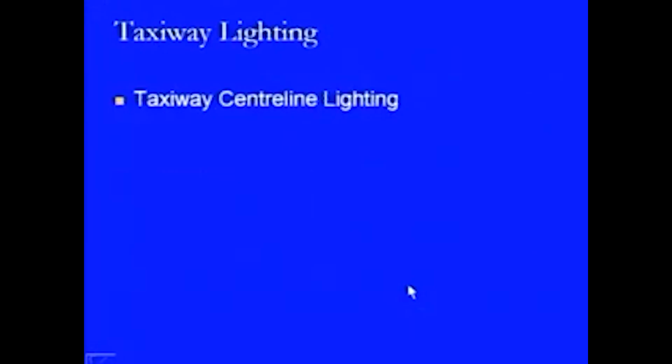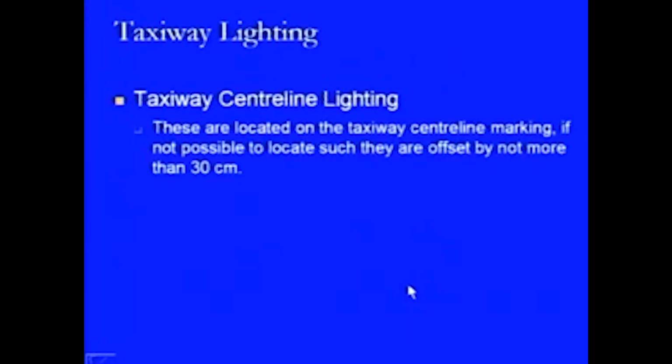We will look at the taxiway center line lighting first, and these lightings are located on the taxiway center line marking, and if not possible to locate such, then they are offset by not more than 30 centimeters. That is the way they are located with respect to the center line of the taxiway.